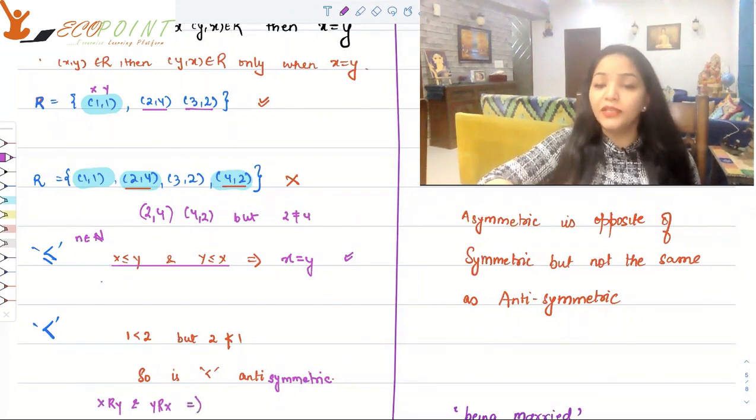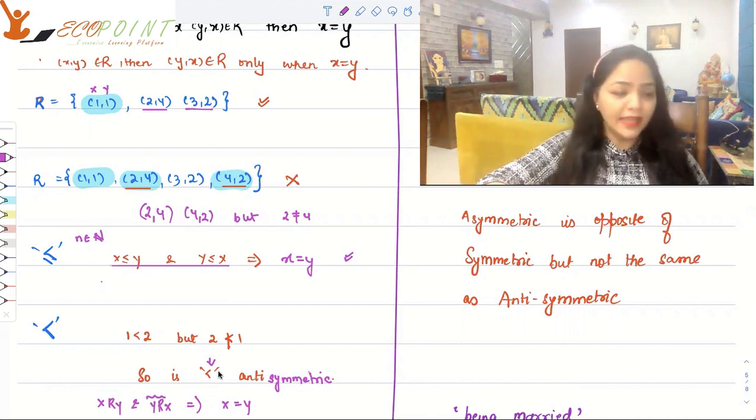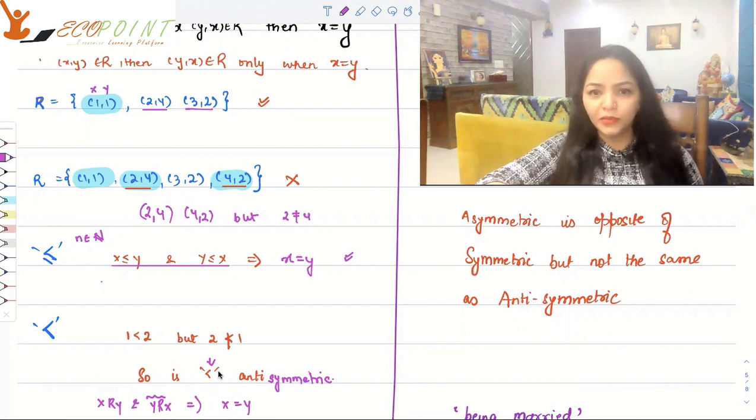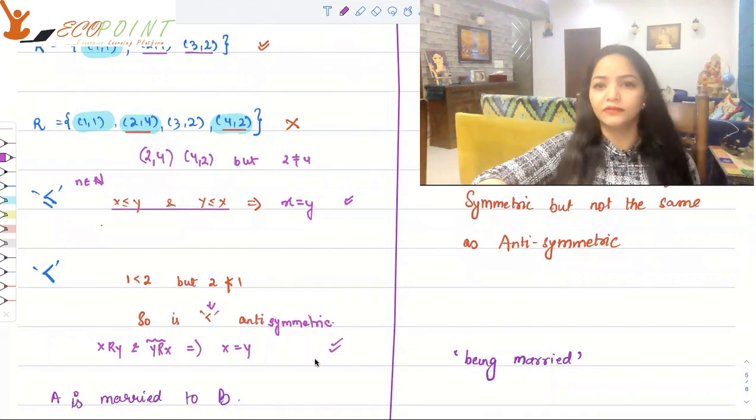If this is happening, then that should imply that x is equal to y. But in this relation, strictly less than, yRx cannot happen at all. So this is a vacuously true condition which you cannot disprove, because the hypothesis is not happening. What is your hypothesis for this implication? The hypothesis is that x is related to y and y is related to x, but y is not related to x. So this is an antisymmetric relation.